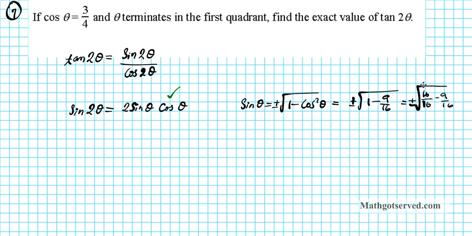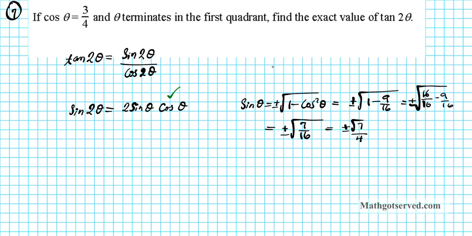When you look for the LCD of 1/1 and subtract the numerators, you have plus or minus the square root of 7/16, which is equal to plus or minus root 7/4. Now, the question is, is it positive or negative?